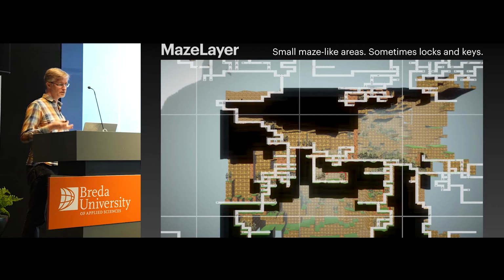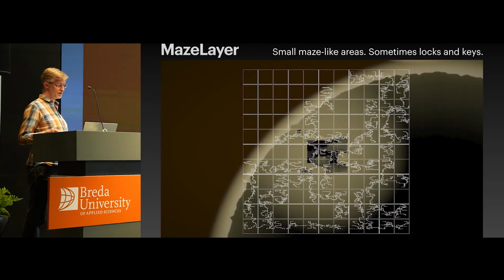And sometimes there are locks and keys, something that would not work with a functional approach. If we zoom a bit out, we can see all the maze chunks that are currently generated at a time. Of course, when the player moves around, some will be destroyed, new ones will be created. And if we keep this zoom level but change to a visualization of a different layer called the region layer, it looks like this.